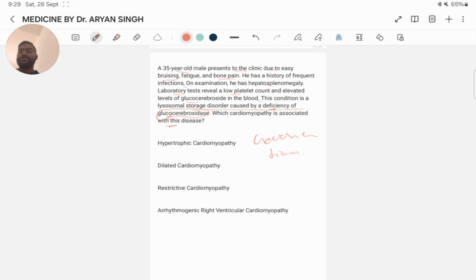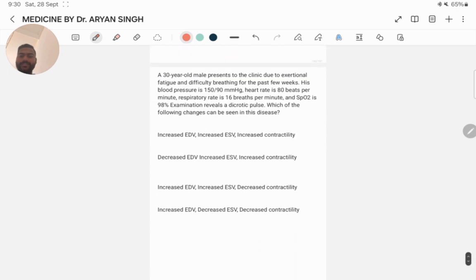Gaucher disease is a lysosomal storage disorder caused by the deficiency of the enzyme glucocerebrosidase. It can lead to the accumulation of glucocerebroside in various tissues, including the heart. This accumulation in the heart can cause infiltration and fibrosis of the cardiac muscles and other structures, leading to the development of restrictive cardiomyopathy. That is the answer. Next question.